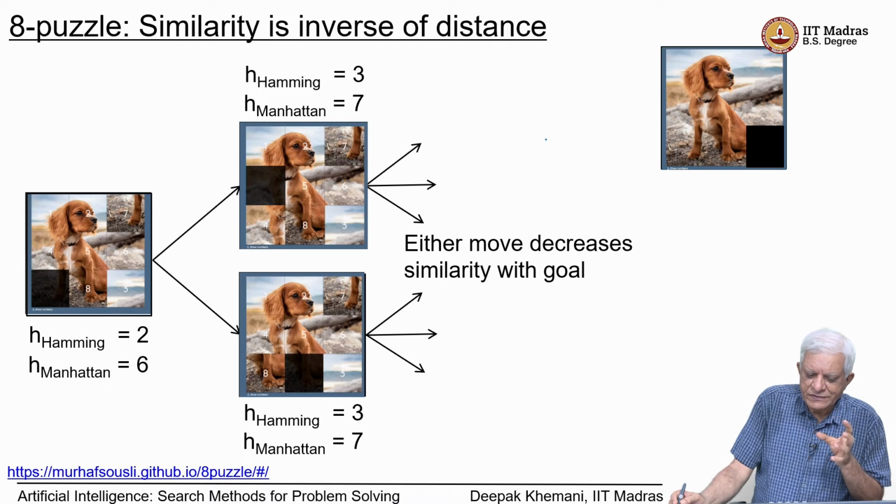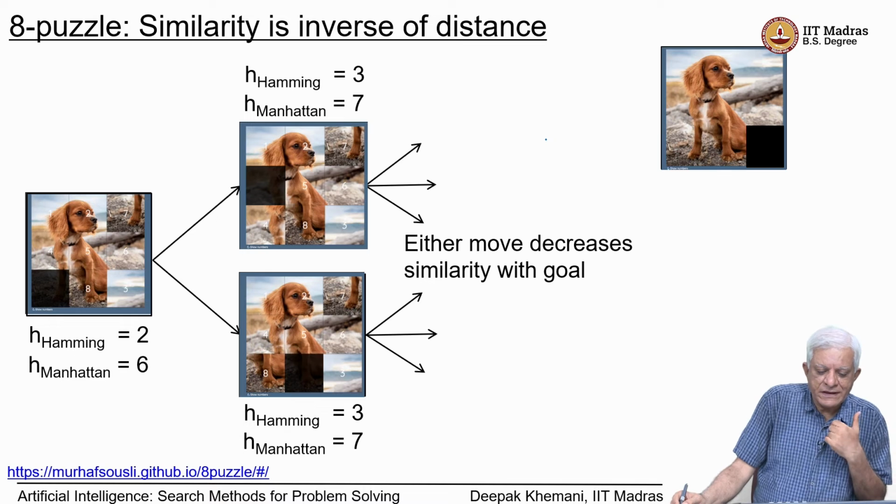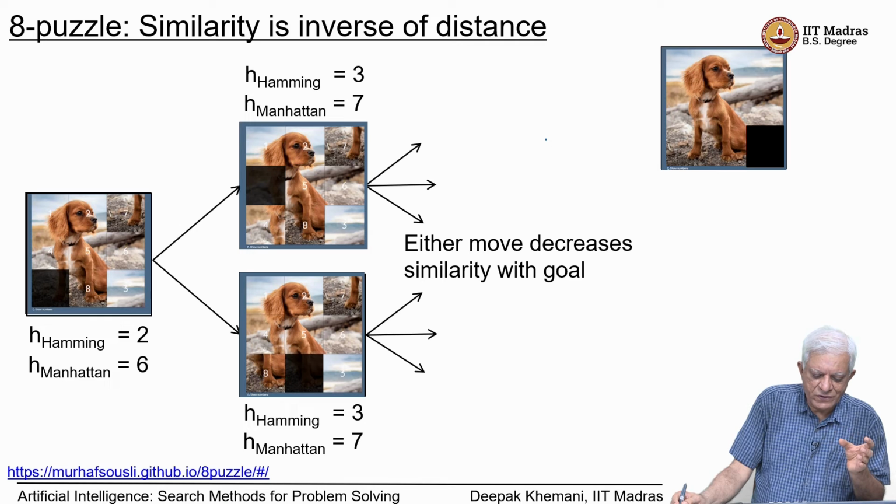You can think of distance function as an inverse of similarity in some sense. Of course, you have to normalize it to 1 because we want maximum similarity to be 1 and minimum similarity to be 0, but they are in some sense inverses of each other. What you are trying to do is to move through this search space towards states which are more similar to the goal node. And visually you can see that the start state here is more similar to the goal than the two states that we can go to from there.